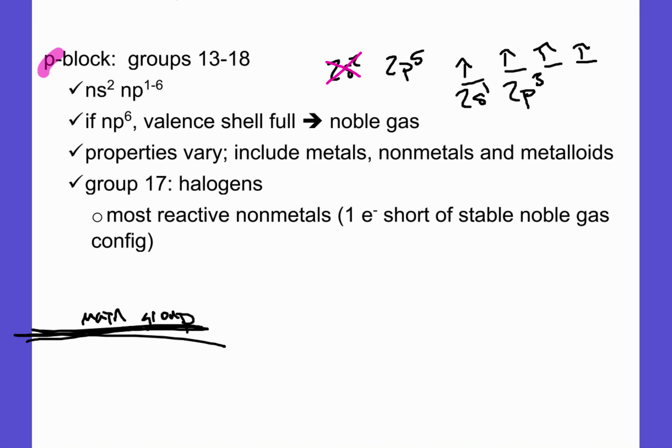So what happens in these situations is you just have to understand that, okay, if this is not a 2, I have to make it a 2 to figure out what element this is, right? But if I make this a 2, this also turns into a 2 because I had to take one of these electrons and move it over here, right? So most of the time, the 2s2, the 3s2, the 4s2, that's just going to be useless information, because as long as I say 4s2, then you can just go straight to the 4p look that I'm giving you.